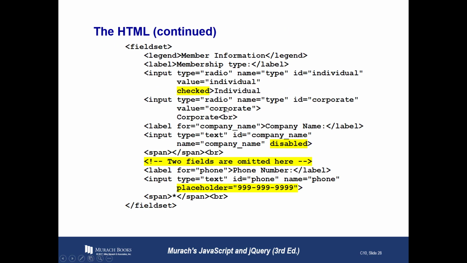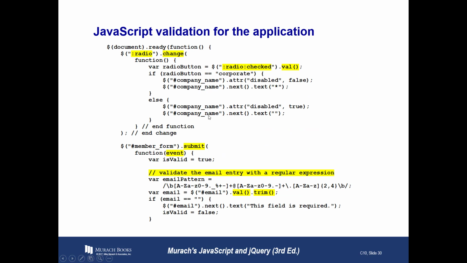So they show you the associated code for this. And then they'll show you the JavaScript validation that's done. Notice it's jQuery. We've got the document.ready, radio button change, etc. We're going through all the stuff that's in here, and only if that succeeds will we submit it.